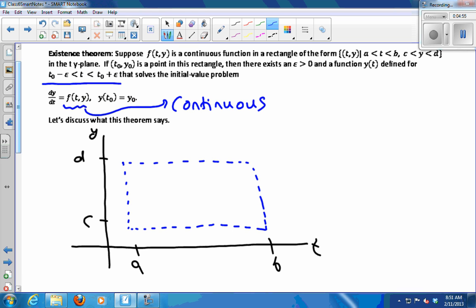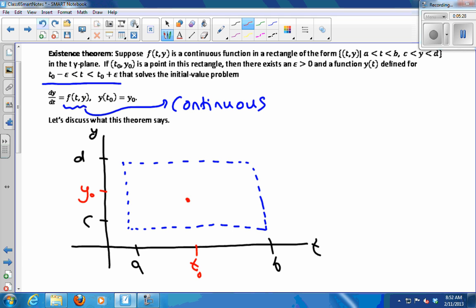And t naught, y naught is some point in this rectangle. So I'll put it in the middle. So I've got t naught, y naught somewhere in this rectangle.